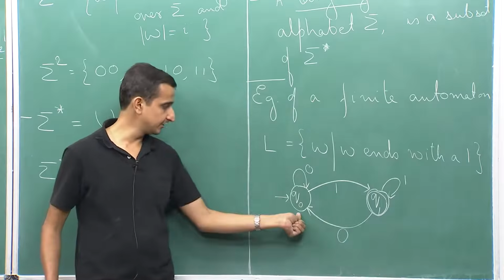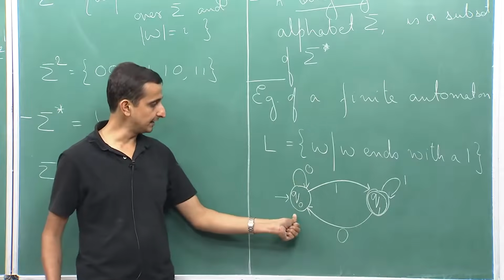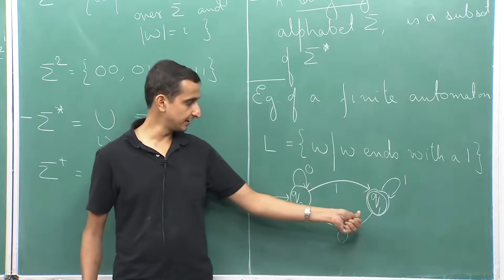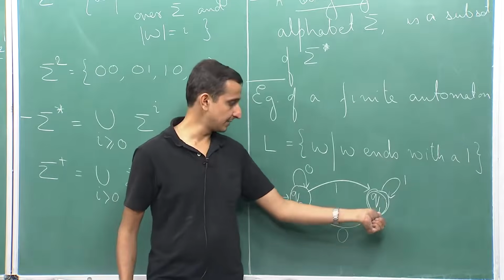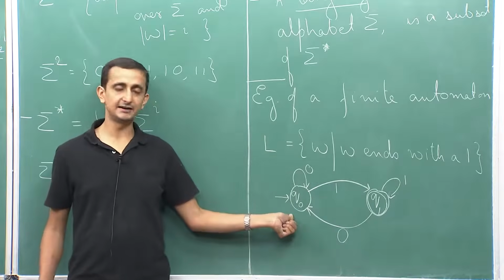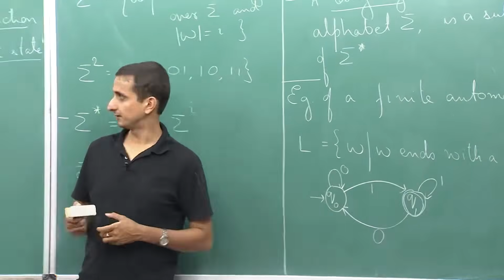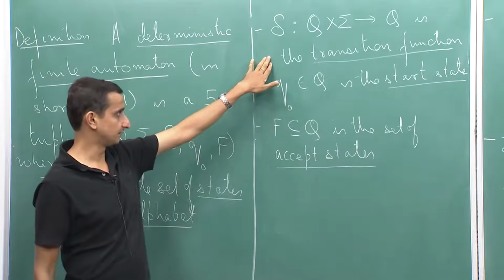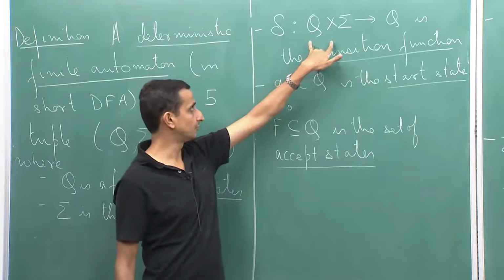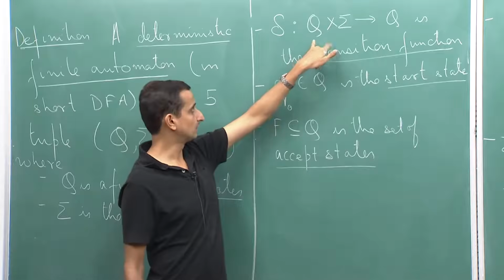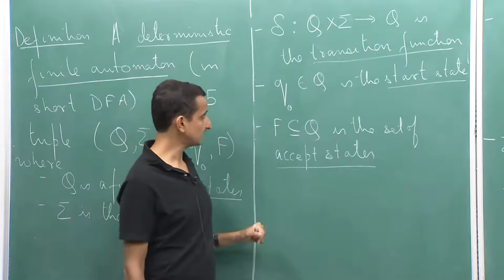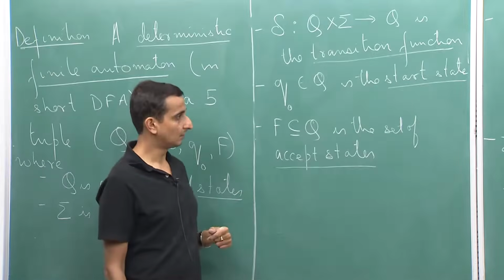If I give the state Q0 and the symbol 0, then it maps Q0 comma 0 to the state Q0. Similarly, if I give Q1 comma 0, it maps to the state Q0, and so on. So this is the transition function. For every pair consisting of a state and an input symbol, it produces a state that the automata goes to.